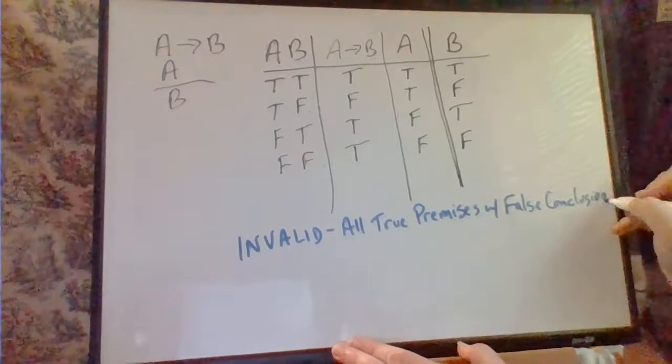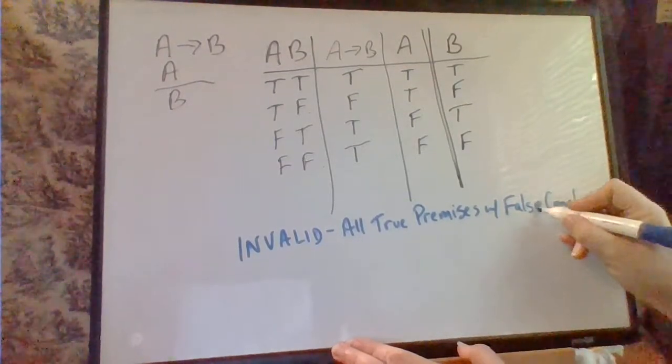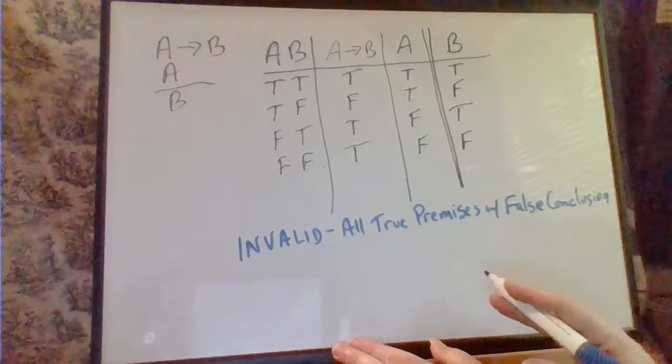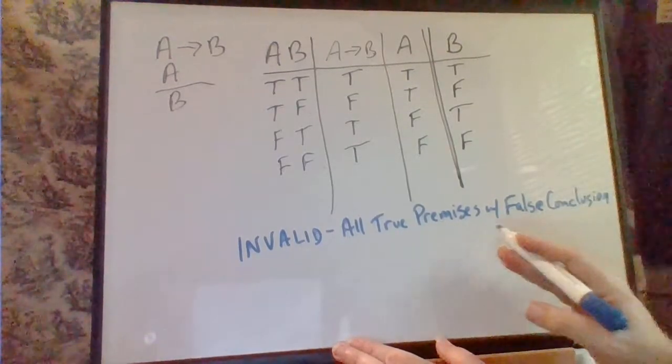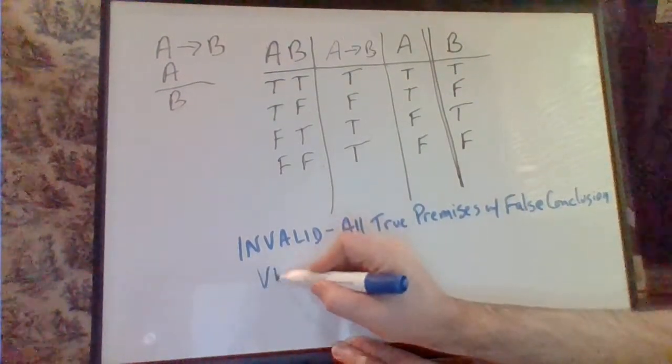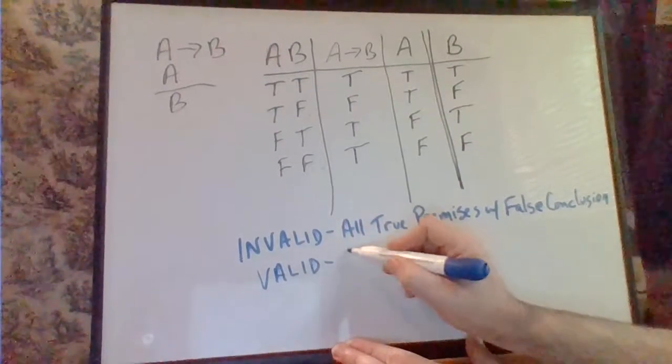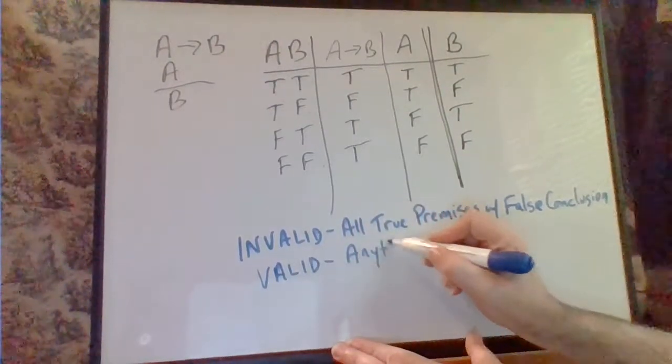So if there is any line where you have all the premises true and the conclusion false, it's invalid. To be valid is anything other than that.